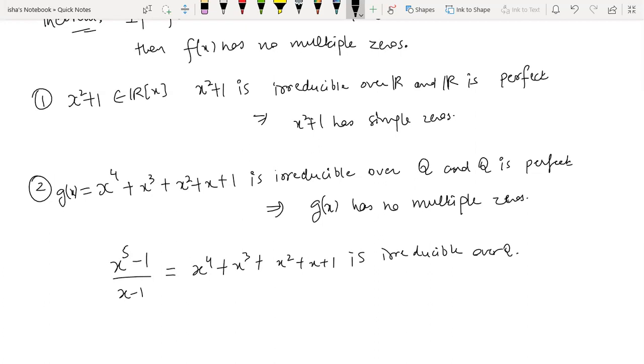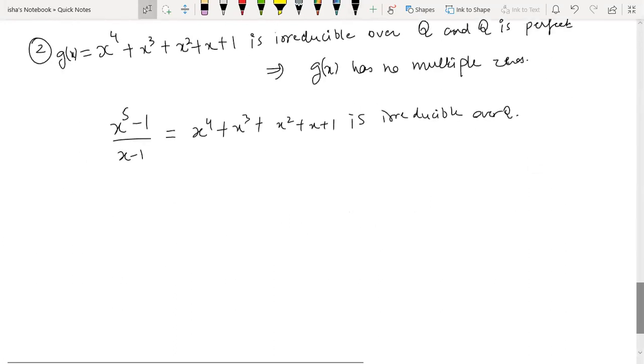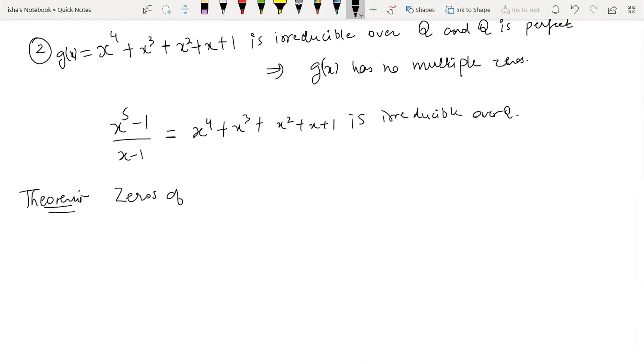So now let me give you another theorem. This is a result, last result related to this topic. Means then the next chapter will start.